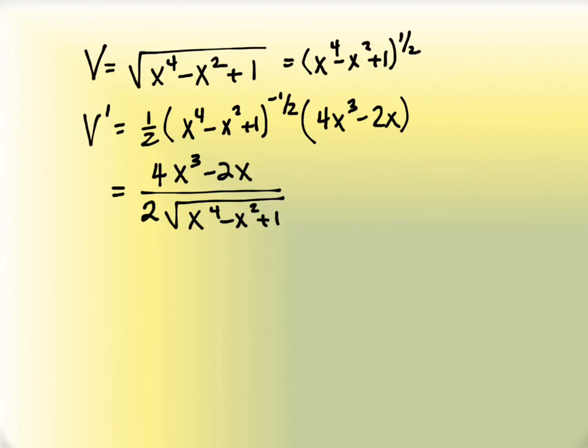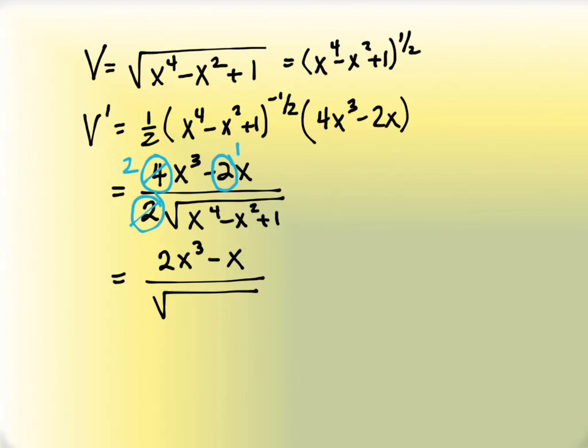And I also have, notice, a 2 here and multiples of 2 in the other location, so I can simplify those as well. So the 2 on the bottom becomes a 1, the 4 becomes a 2, and the 2 becomes a 1 here. So this is 2x cubed minus x over the square root of x to the 4th minus x squared plus 1. All right, so any questions to that point?